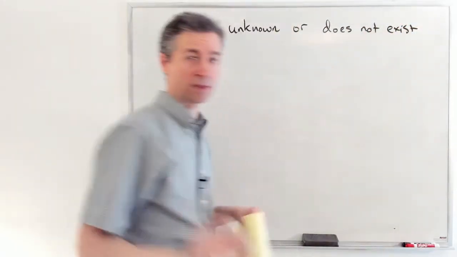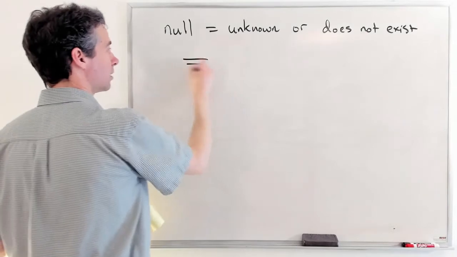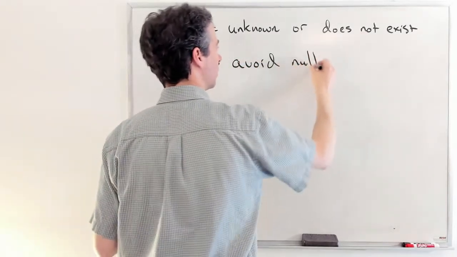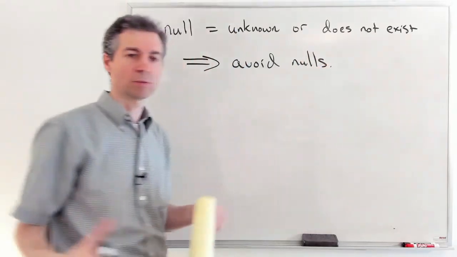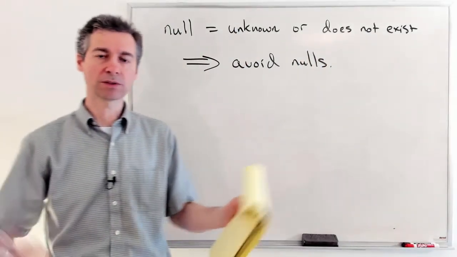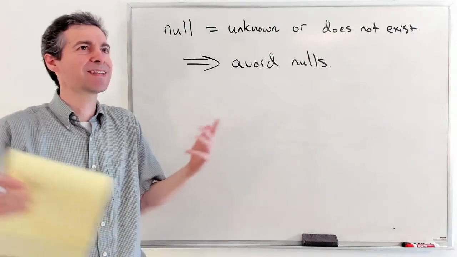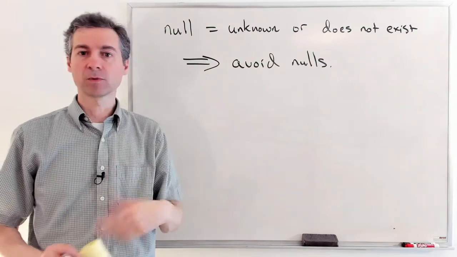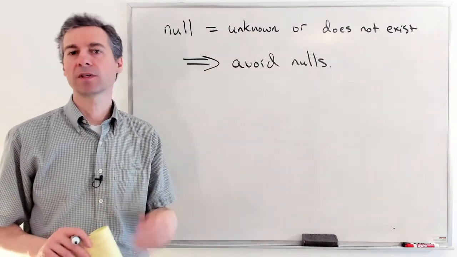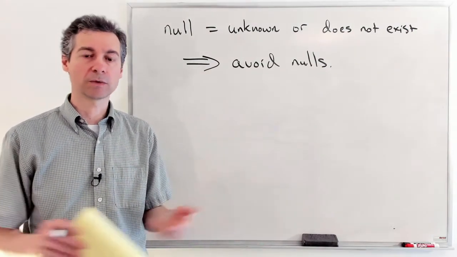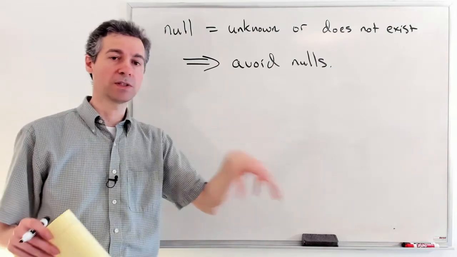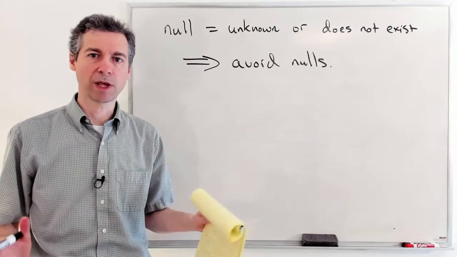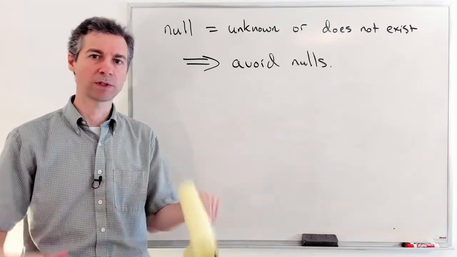And I'm just going to say right now that for the most part, avoid nulls. Don't plan to have a bunch of nulls in your database. I mean, this is day one of databases, and that's right. Avoid the nulls. Often we'll design databases and say we're not going to allow nulls into the table, because having nulls results in all sorts of strange behaviors when we try to query these tables.